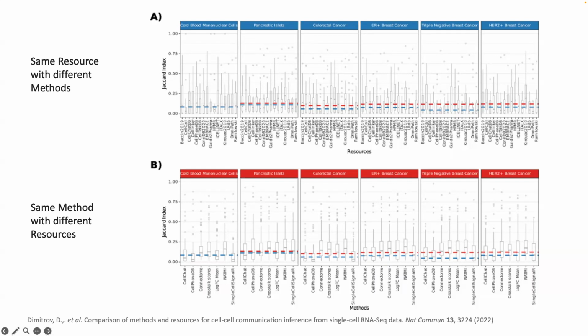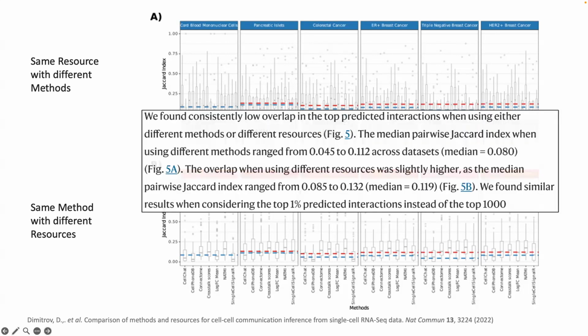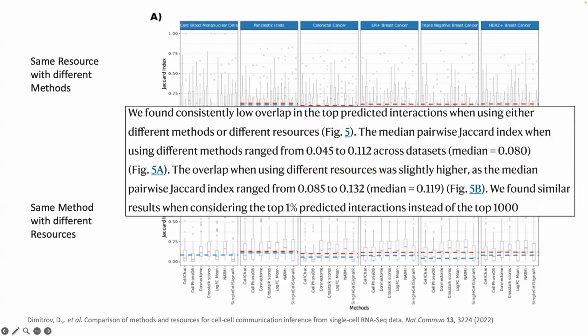So either you take the same resource, so the same database, for example, for the ligands and receptors, you run all the methods with that same database, and you check the concordance of the results. That is surprisingly low, right? Even if you use the same database. You can also use the same method with different databases and then see how that compares, and that is also surprisingly low, right? So this is the conclusion from the paper.